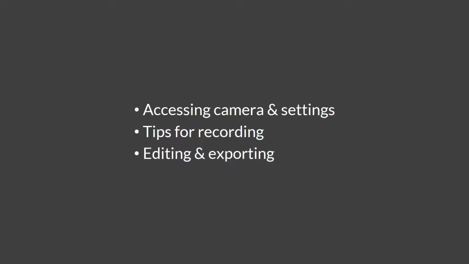We then looked at tips for recording, some common things that you can do to make your videos a little better. We finished up by looking at how to edit and export videos. And again, that was just a very simple primer on how to edit videos on a mobile device. You could go way more in depth with it if you wanted to. You can also hop over to the PC and do that as well.